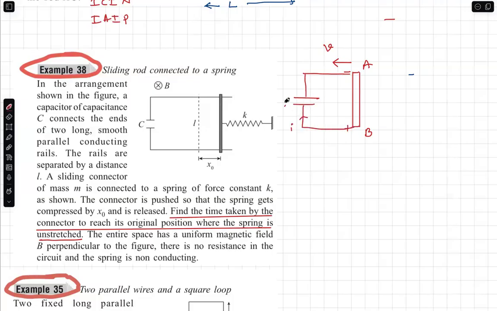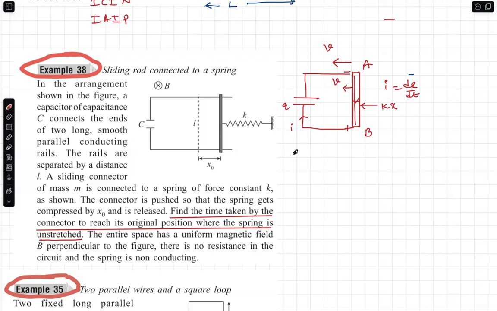And this is the current at that instant. I can be given as dq by dt. Now here you can see the spring exerts some force kx. You have some velocity v.